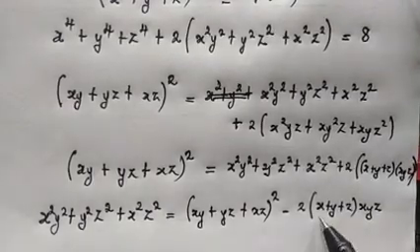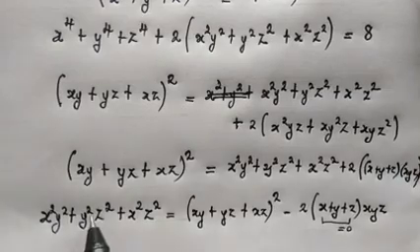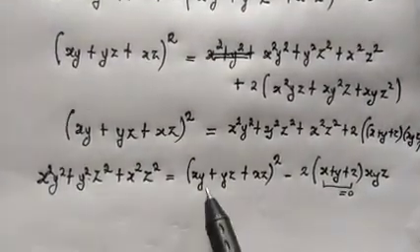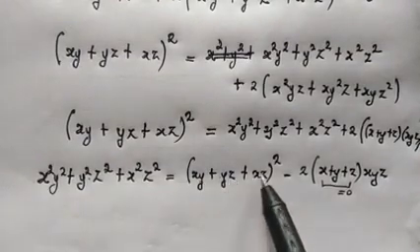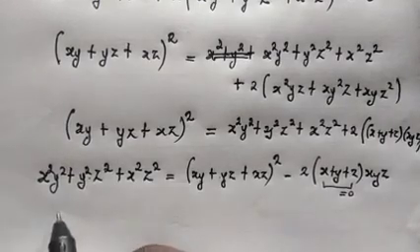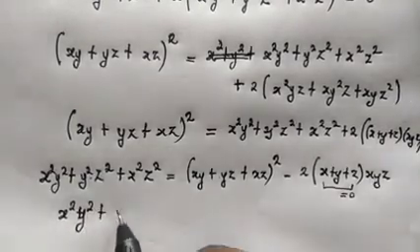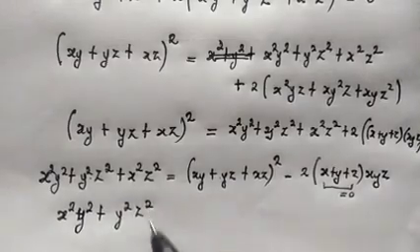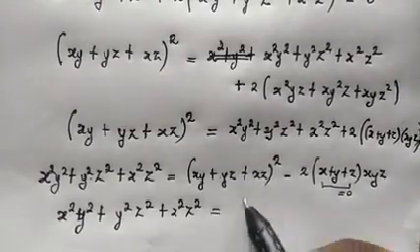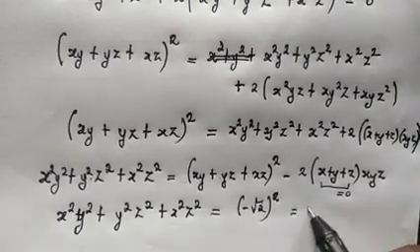Don't be surprised, this again is equal to 0, right? So this is just 0. We just have this is equal to this, right? So here we substitute the value for xy plus yz plus xz, which is negative root 2, right? So we get x squared y squared plus y squared z squared plus x squared z squared is equal to negative root 2 whole squared, which is giving us 2.